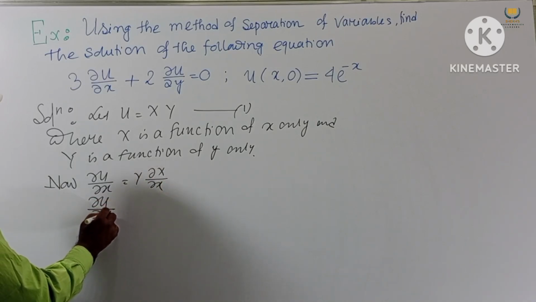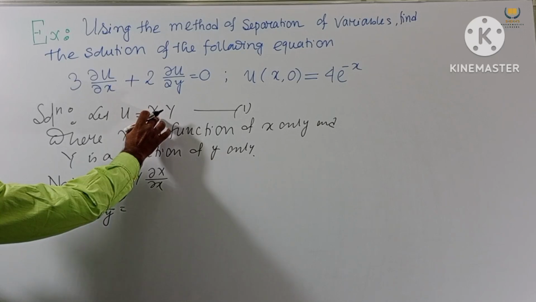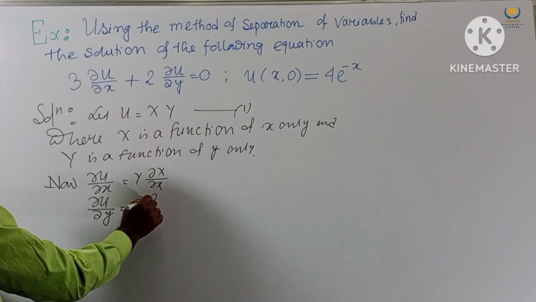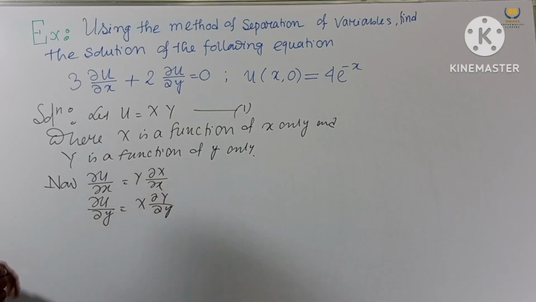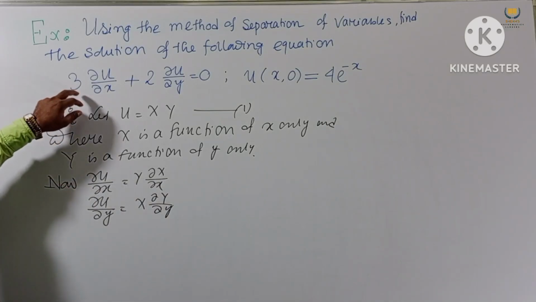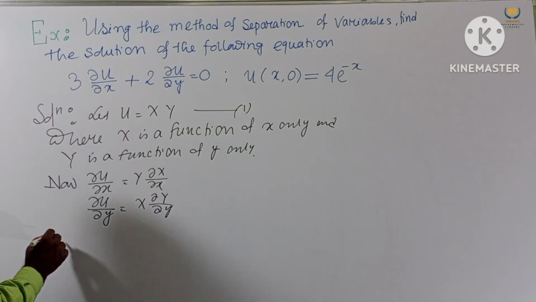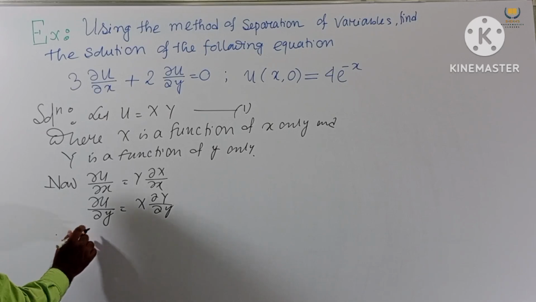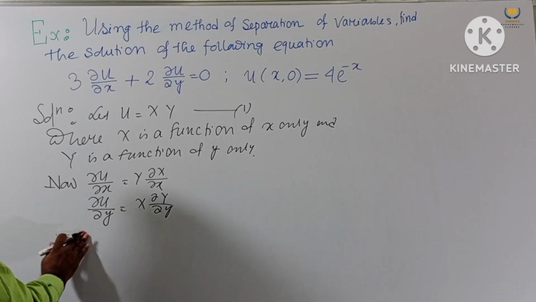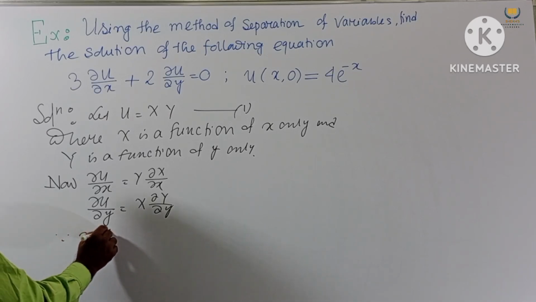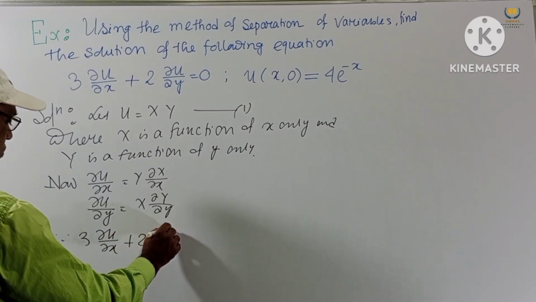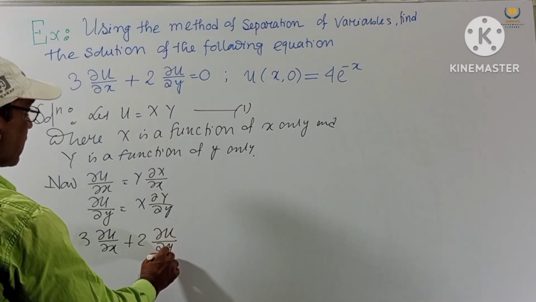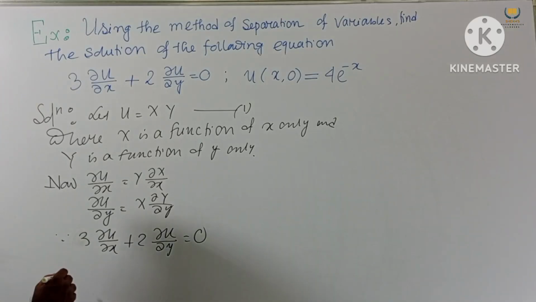Del u del y, then x constant, x capital Y prime. We put the values in the given equation: 3 del u del x plus 2 del u del y equal to 0.